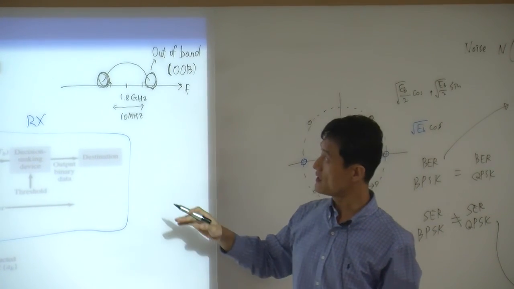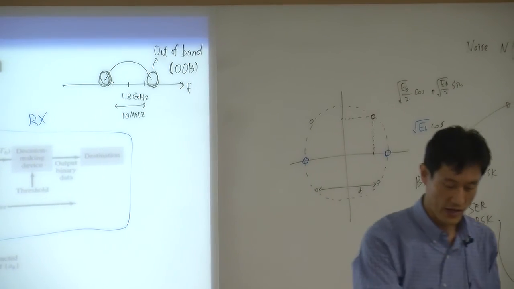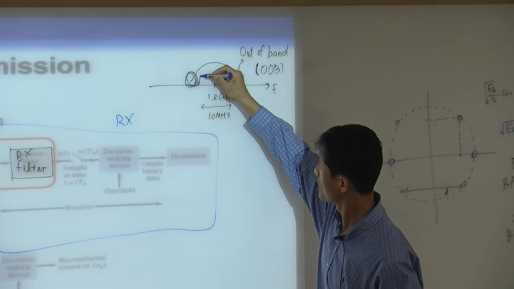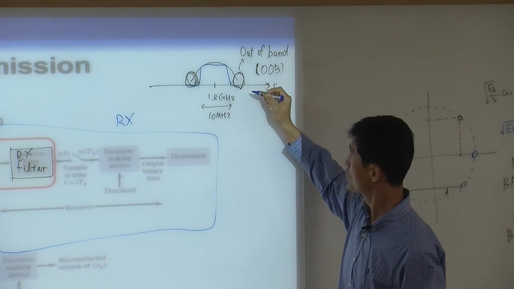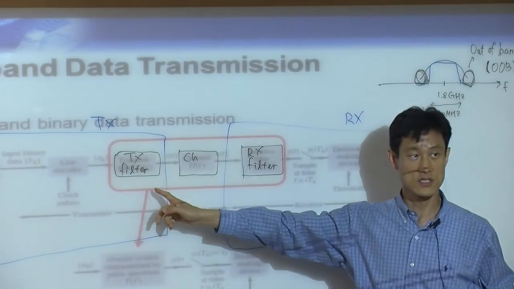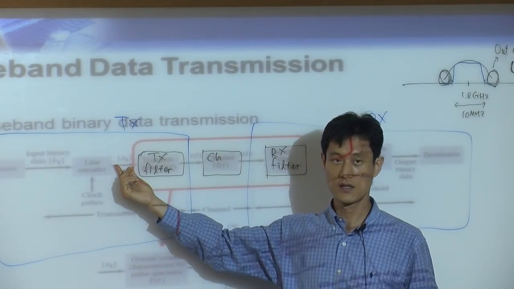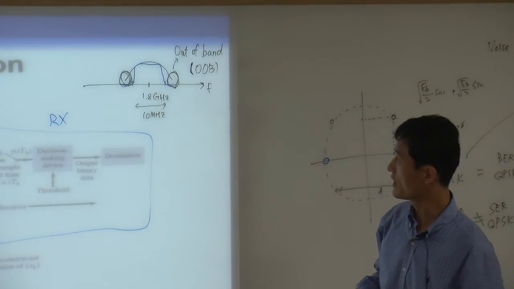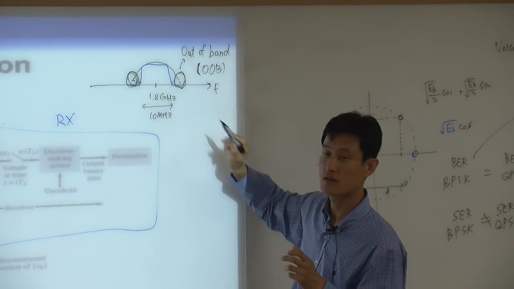So what that basically means is that you need to have some special filter like this. This is the filter. You create your signal, but your signal goes into this filter so that your output has no power in here.